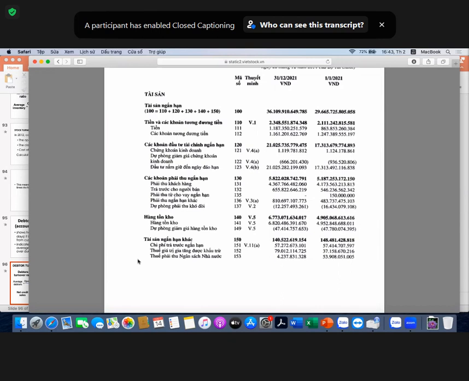In an accounting period, Vinamilk has 13.95 times of debtors converted into cash.